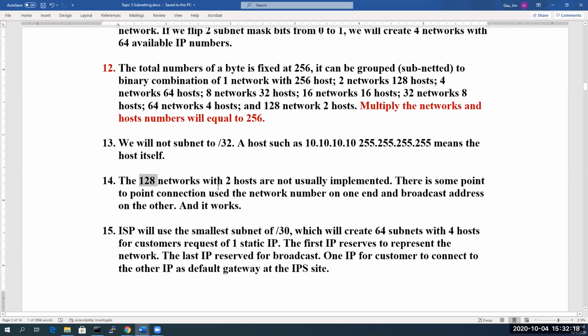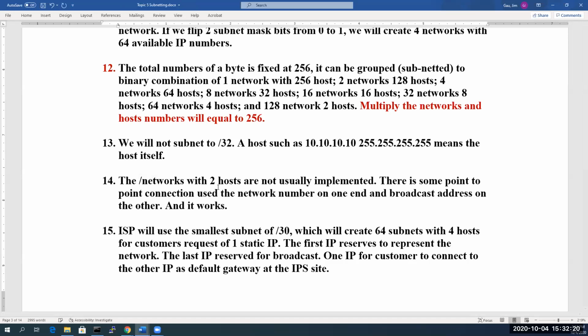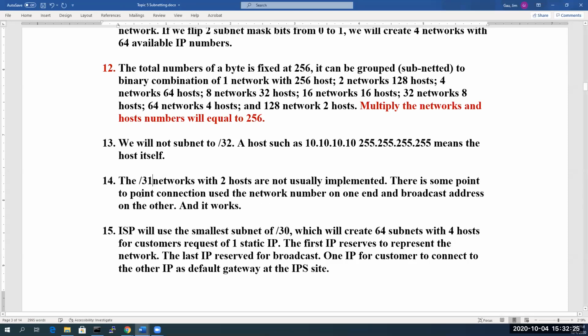The /31 network has 2 hosts available because, you see, /31 means in your IP, the first 31 bits represent the network.